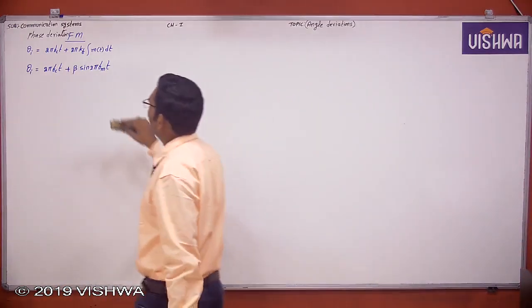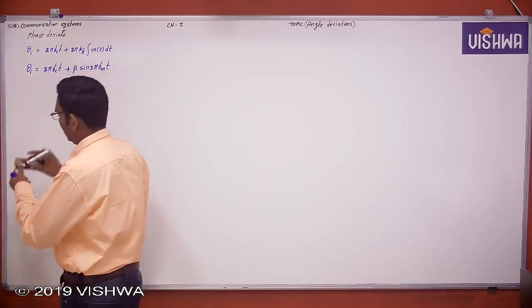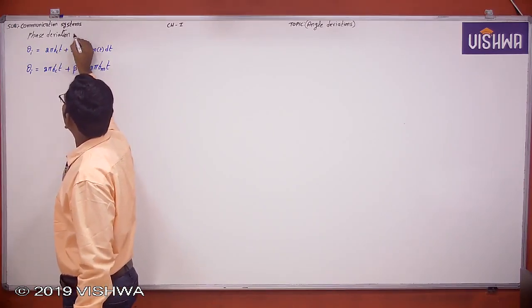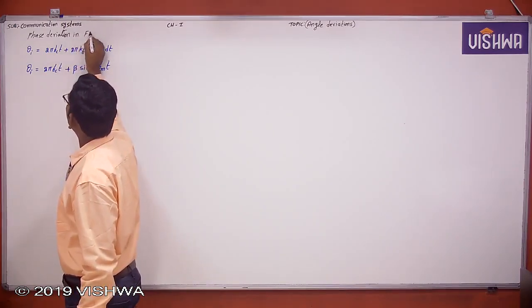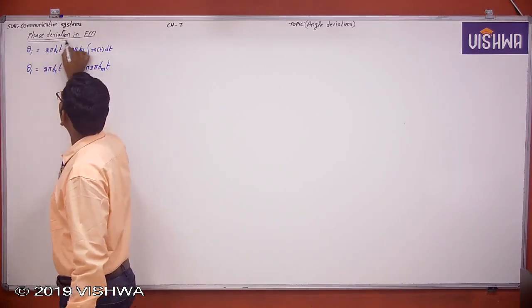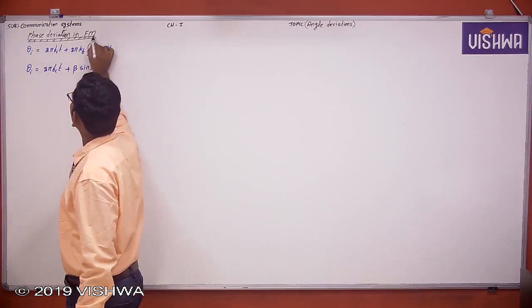How is it possible? In frequency modulation, frequency deviation, but I am writing phase deviation. Phase deviation in frequency modulation. So what should be the phase deviation in frequency modulation? We have to answer it.